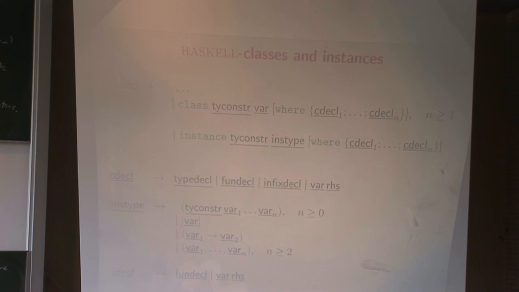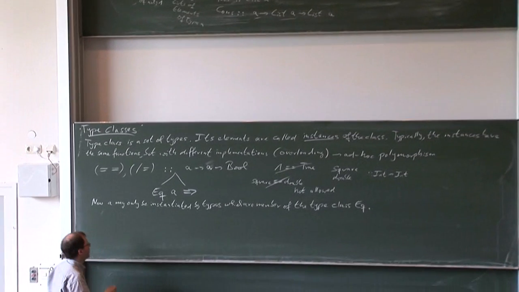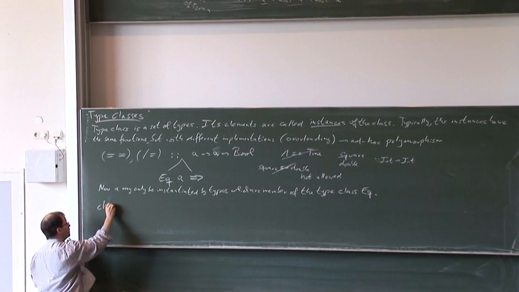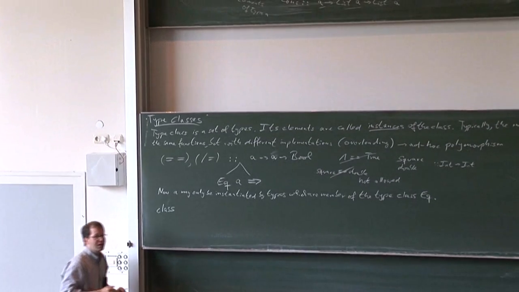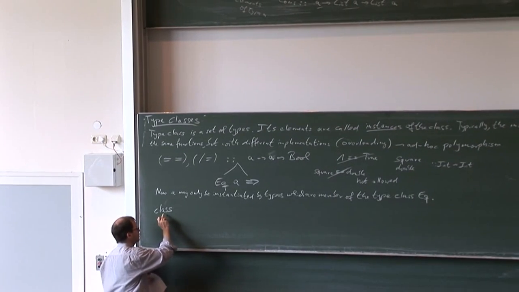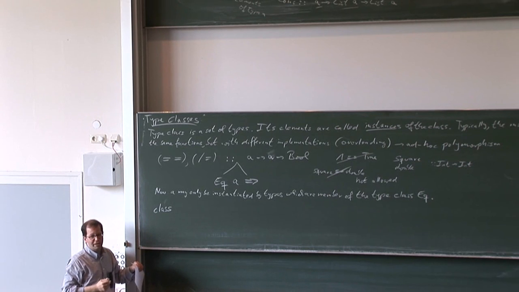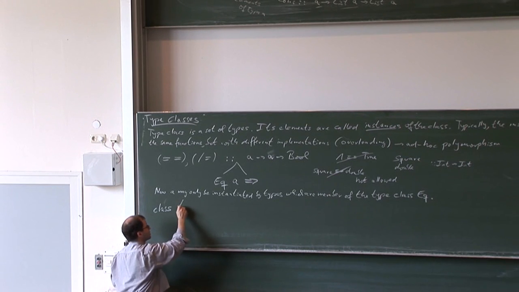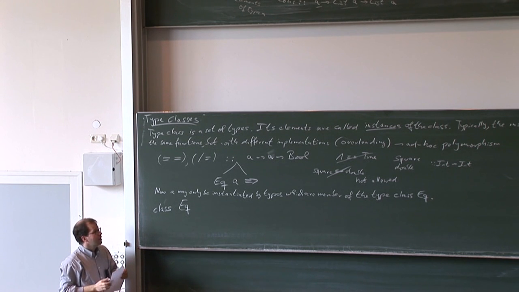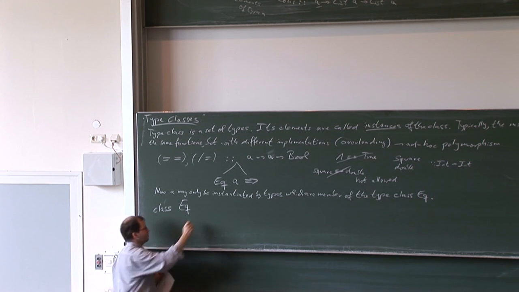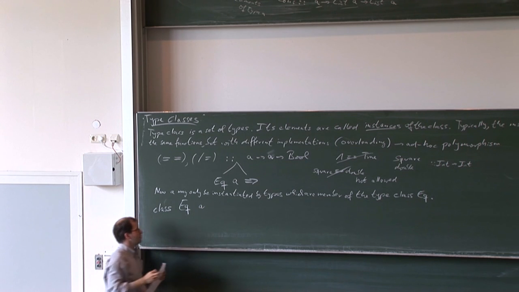So let's look at the definition of such a type class. How is, for example, this type class EQ defined? This is predefined, and the definition could look like this. It's a bit more complicated in reality, but it could look like this. You would introduce a new type class by the word class. Then you would say how this type class is called. It should be called EQ. And now you have to add a type variable, and the meaning is the following.